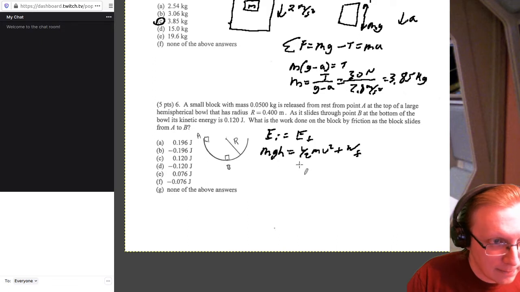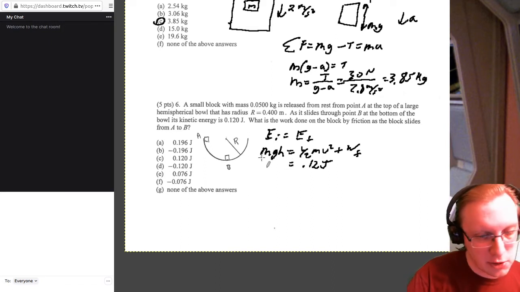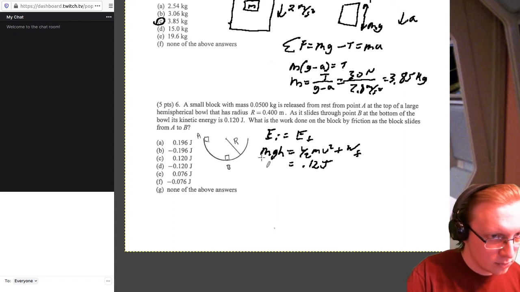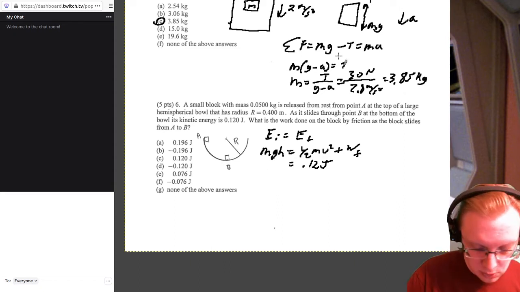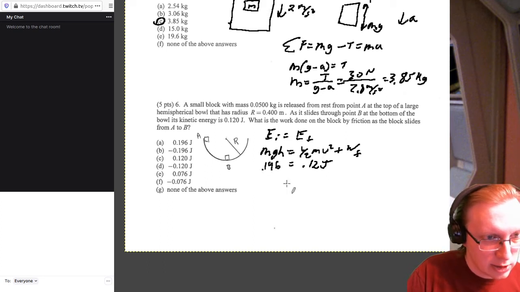And we're actually told what the kinetic energy is, so we're told that this is 0.12 joules here. So then we just plug and play on the right hand side. I don't feel like writing those numbers out. So that's 0.05 times 9.8 times our radius of 0.4. 0.196, like so, joules.